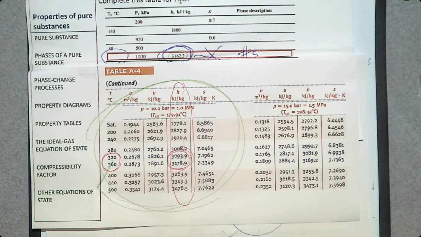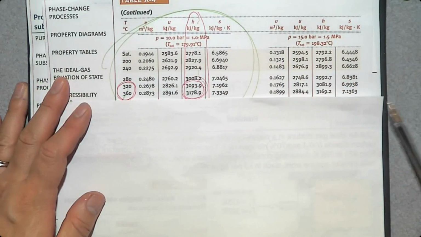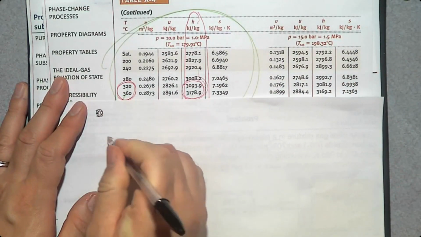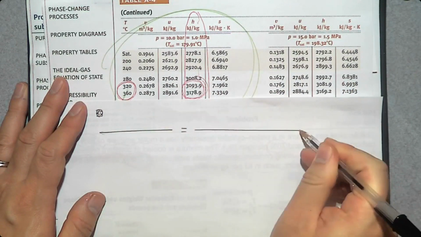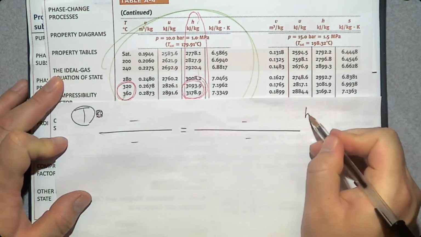So we do another linear interpolation. So the temperature we have is T. So let's see. The left-hand side is temperature. The right-hand side is H.